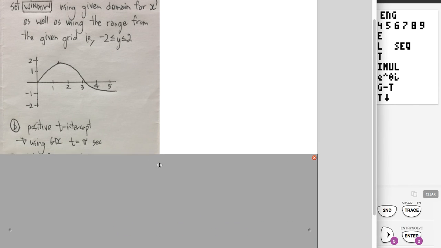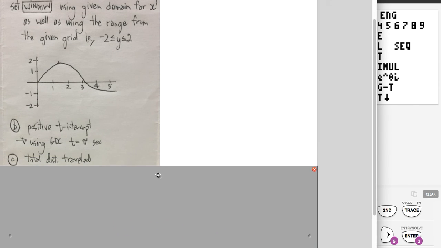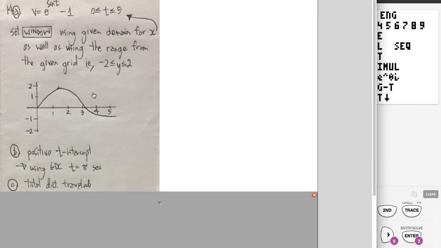So moving ahead, the last part of that question was find the total distance traveled. Because this is a velocity time graph, I guess we should have labeled the axes. That would have been a clever thing to do. At part C, we were asked to find the total distance traveled from time t equals 0 to t equals 5 seconds.